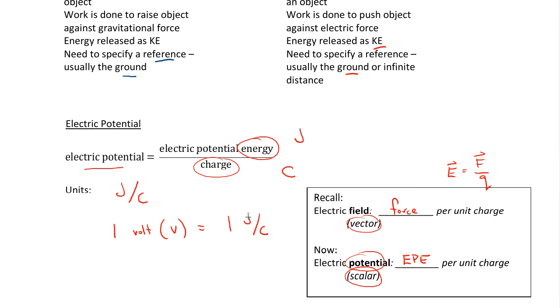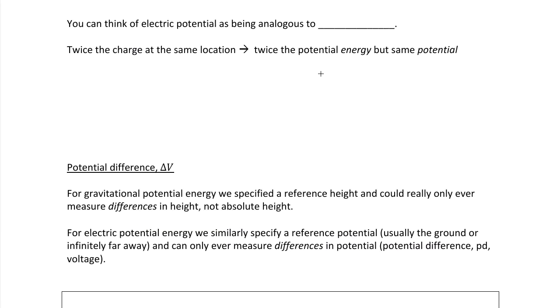It's an amount of energy per unit charge. To get an intuitive sense of electric potential, it's really helpful to think of it as being analogous to height. So in the gravitational situation, if this is the ground, and I were to take a 1 kilogram mass and lift it to a given height, and a 2 kilogram mass and lift it to the same height, the 2 kilogram mass has more gravitational potential energy, but it's at the same height.